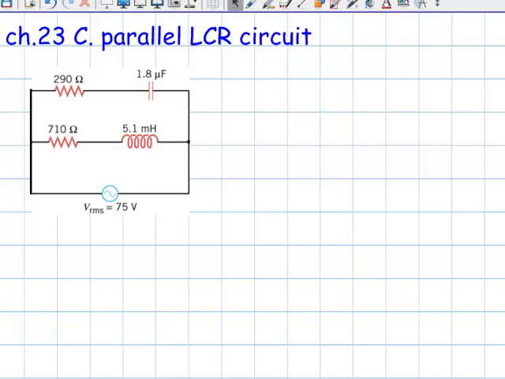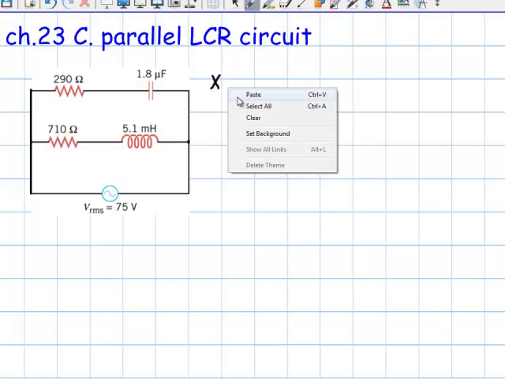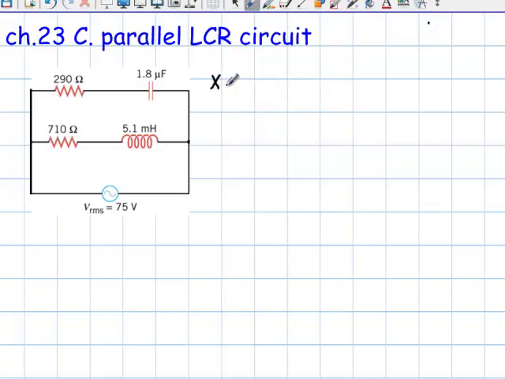So, something apparently must happen when the frequency is very large or when it is very small, and that would depend on the reactances that are given. So XC equals 1 over 2 pi times frequency times capacitance.